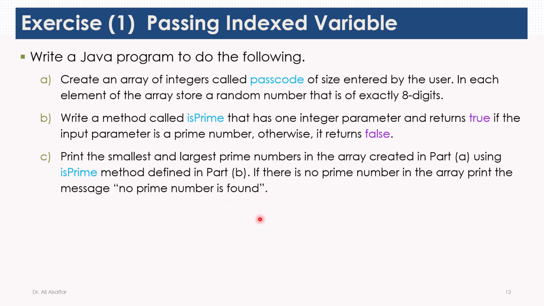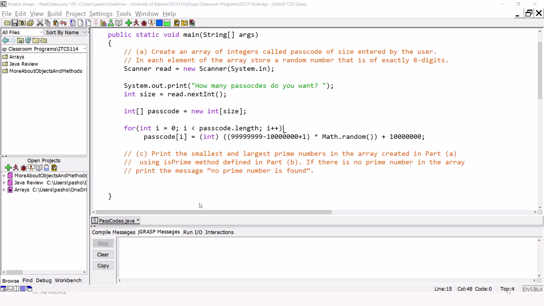Let us do that on JGrasp. To find and print the smallest and largest prime numbers in the array, first we have to check every number in the array to see if it is a prime or not. Then we check whether it is the smallest or largest prime number. So how do we test every element in the array?